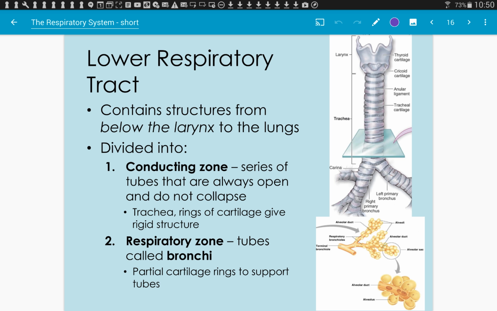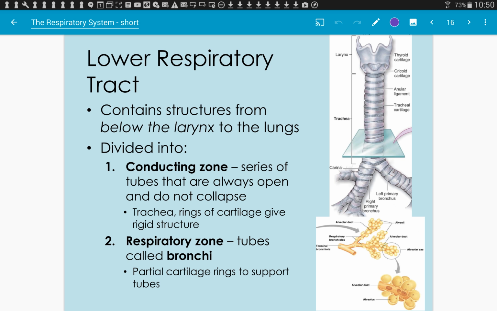Our airway would collapse. You wouldn't be able to breathe. So you have to hold it open. It's being held open and supported by hyaline cartilage. All the way down to the smallest little tubes, you have it supported by cartilage that allows it to stay open and not collapse. Collapsing means you can't breathe.